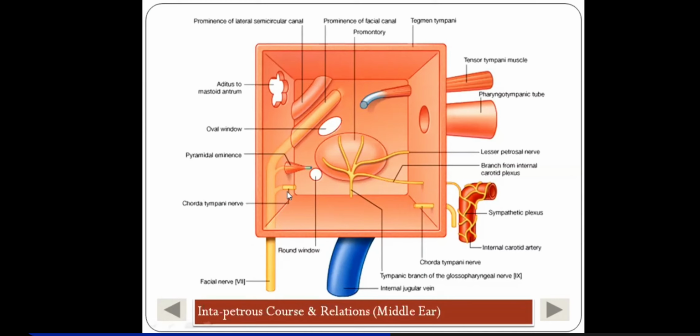One important thing I want to tell you is that the chorda tympani is in very close relation to the tympanic membrane on the inside, and it runs between the malleus and incus, and ultimately it perforates the anterior wall of the middle ear cavity, and this is called the petrotympanic fissure. From the petrotympanic fissure the chorda tympani will emerge out, and after emerging, it will join the lingual nerve to reach the tongue.